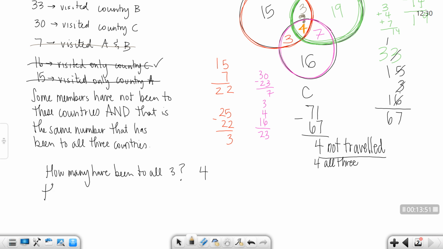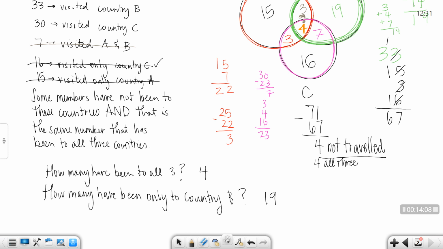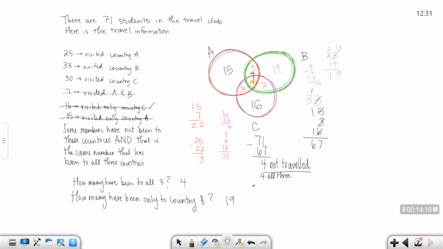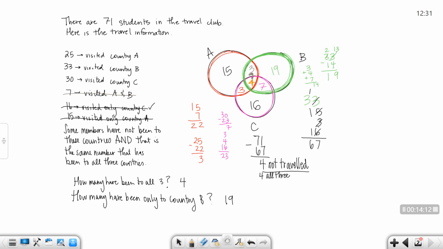And it says how many have been only to B? And that answer is 19. Okay, so that's how they would look.